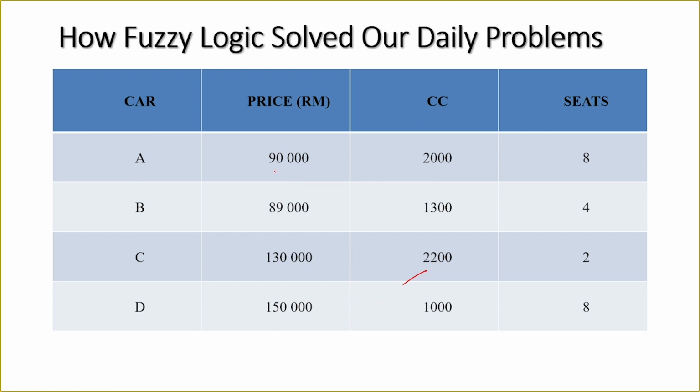So which one is the highest, do you think, from the price? The highest, let's say we put 1 over here. This one could be 0.8. This one is quite small, sorry, we put 0.65. Then we go to CC. The highest is 1 over here. This one is 0.8.